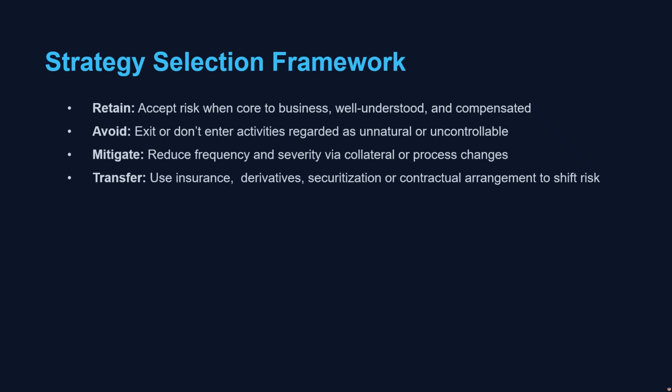To mitigate risk means reducing the frequency or severity of loss without fully transferring it. Examples include diversification, strong controls, collateral arrangement, process redesign, or operational safeguards. To transfer risk means shifting it to another party through insurance, derivatives, securitization, or any form of contractual pass-through clauses.